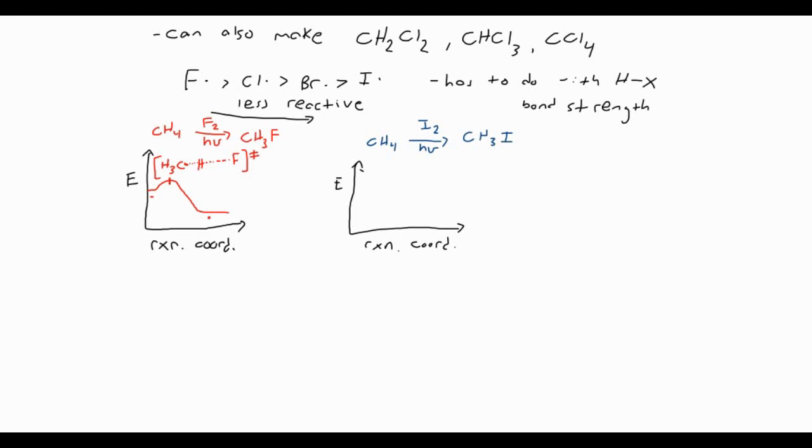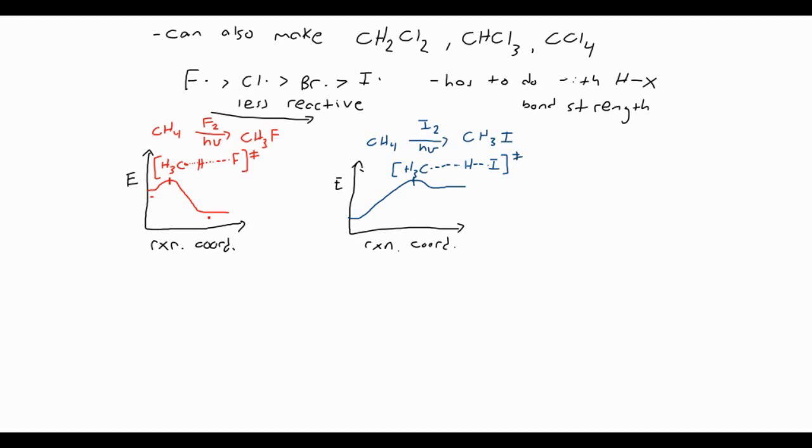The reaction maybe looks a little bit like this, where now our transition state is over here, and I can draw the same sort of diagram for the bonds here. And now you can see that the length of the bonds is flipped. So now we have a very long CH bond that's being broken and a short HI bond that's forming.